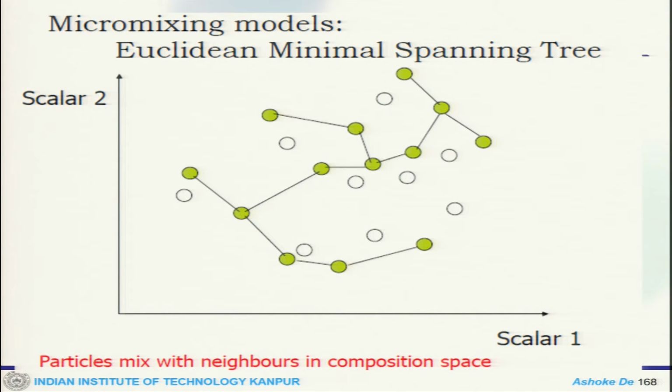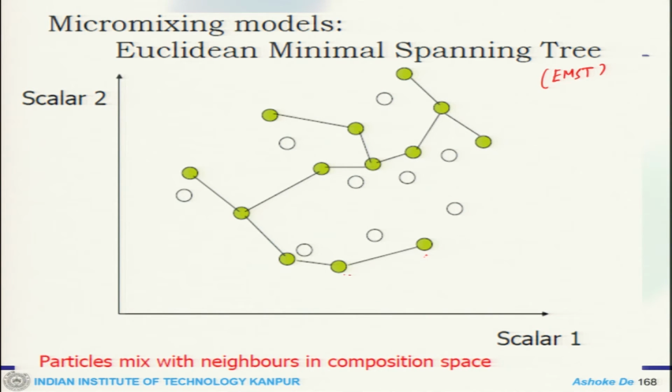The one which is quite advanced and accurate is EMST, which is called Euclidean minimal spanning tree. In this particular micromixing model, the particles actually try to mix with their immediate neighbor in the composition space, and then when they mix with the neighbor, they will mix with the next neighbor.